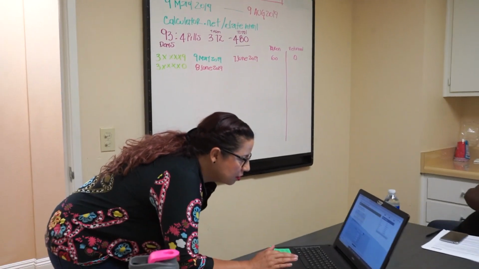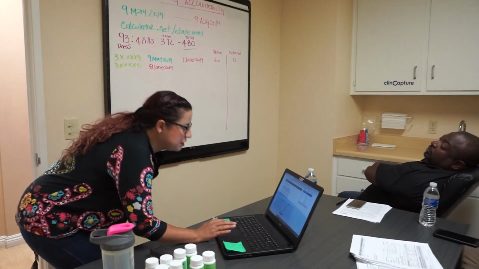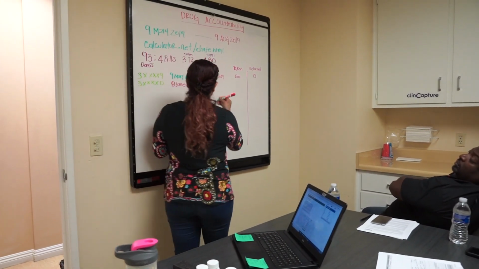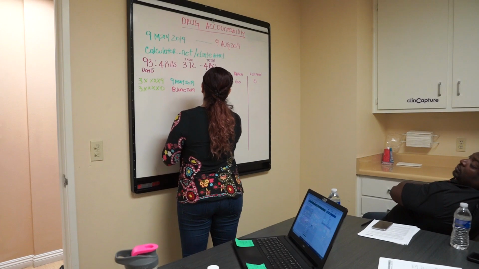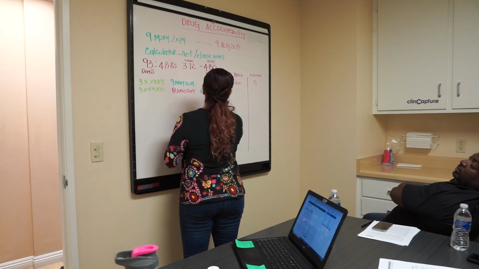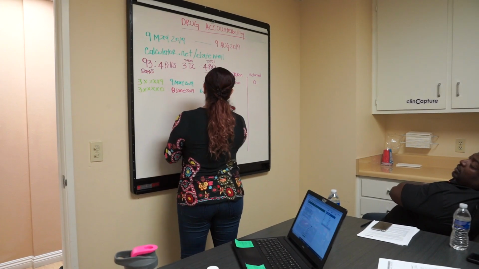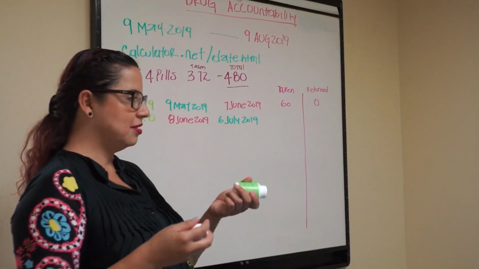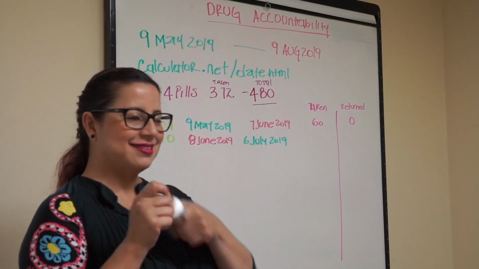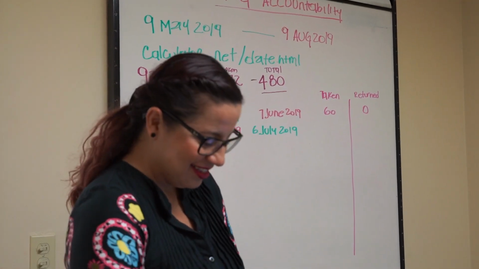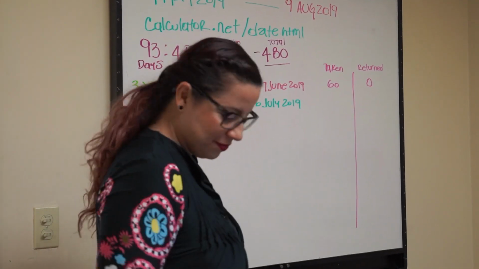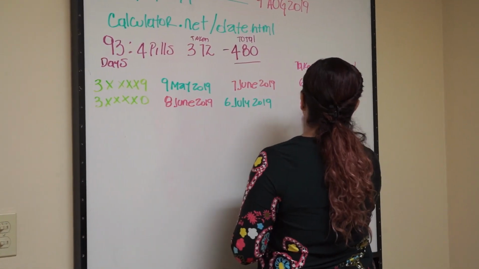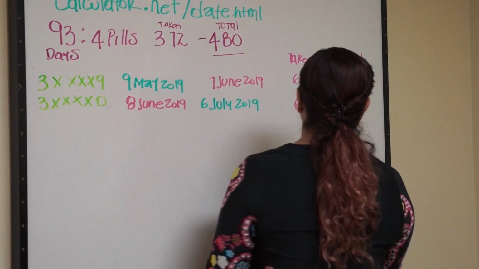July 6. Yeah. Close. Okay, so then it goes to July 6, 2019. And then this patient took everything, 60 pills total, so it will be 60 taken, 0 returned.